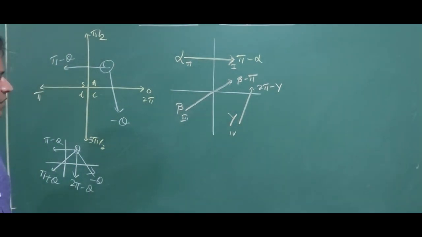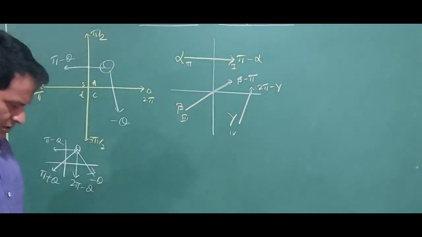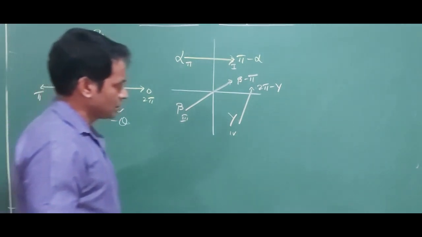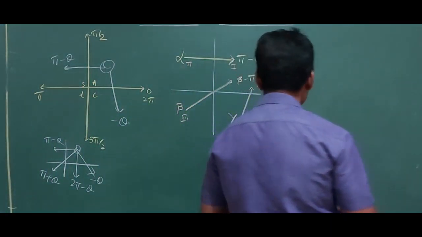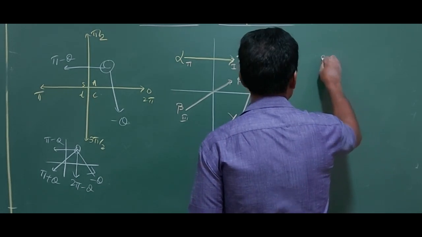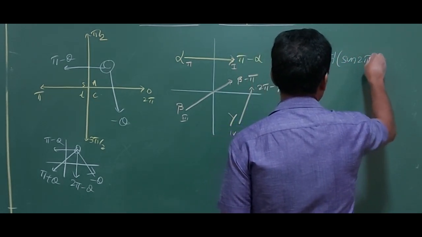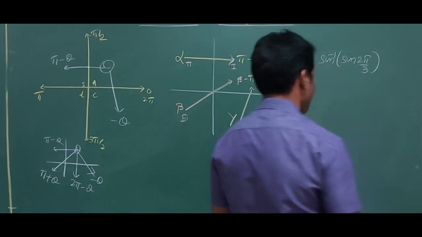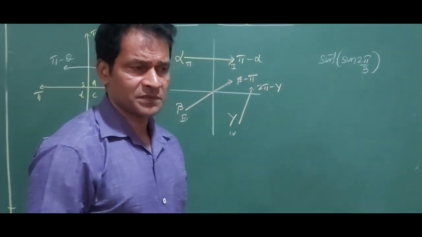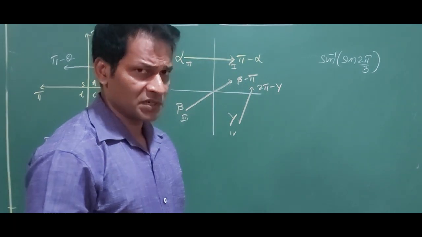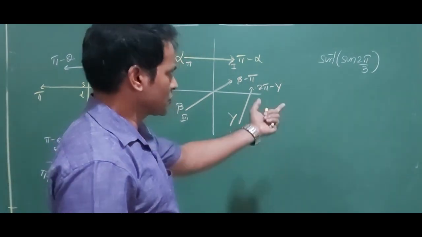Alright? What is the application of it? Suppose I give you sine inverse of sine 2 pi by 3, let us calculate it. Tomorrow again we are going to start from here; today I will do 2 or 3 questions.